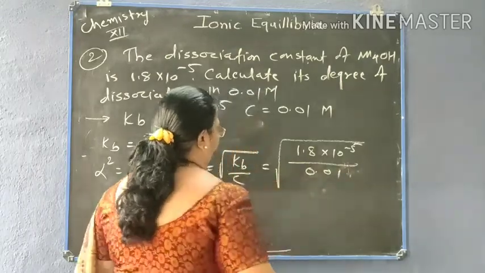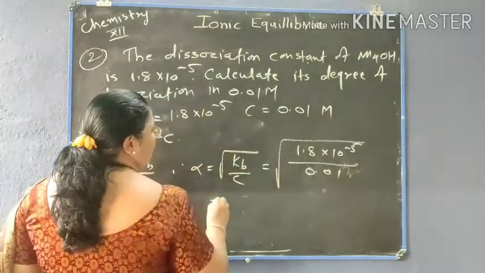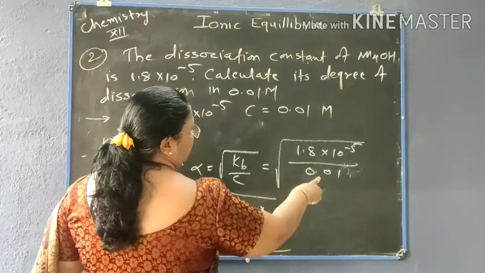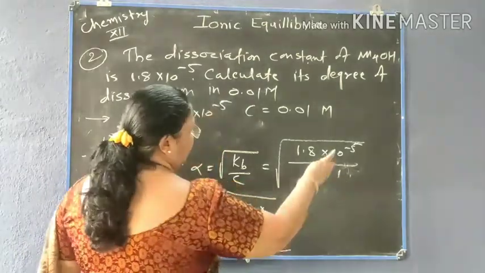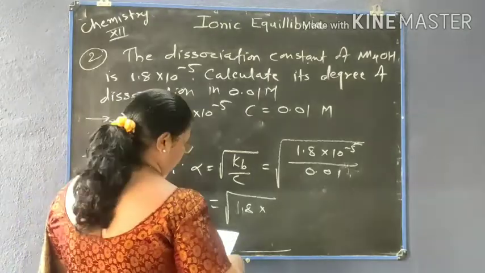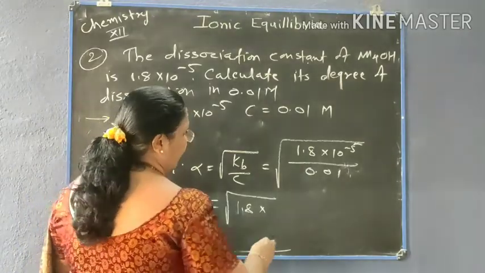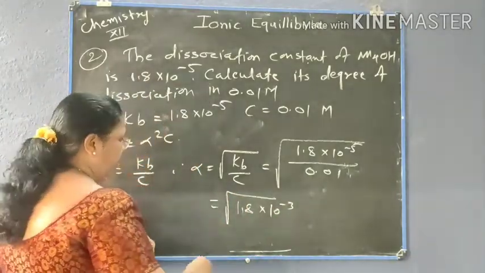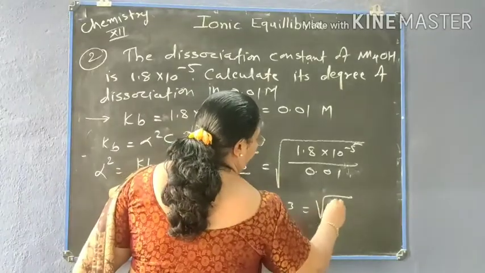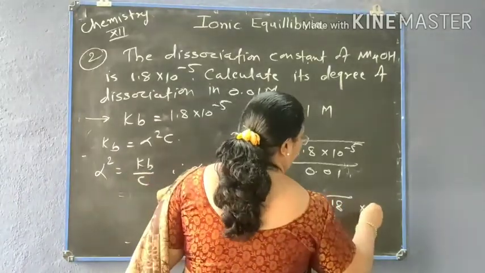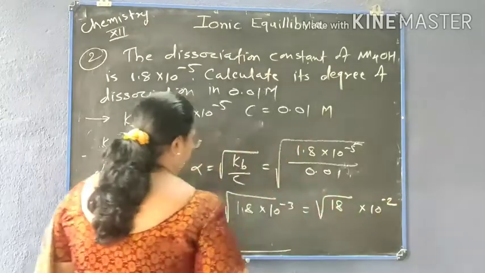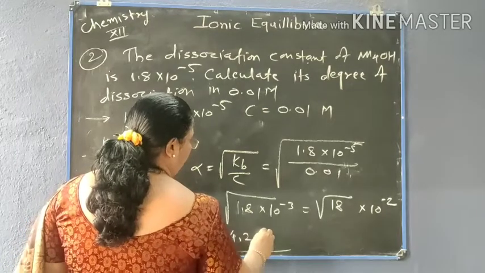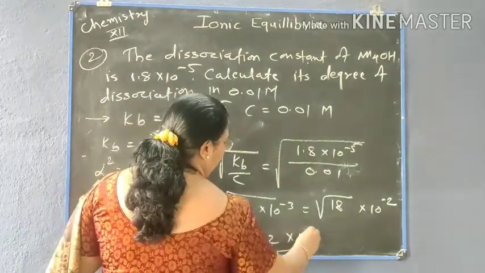So alpha is the square root of 1.8 into 10 raised to minus 3, which can be written as the square root of 18 into 10 raised to minus 4. The square root of 18 is 4.242, so alpha is 4.242 into 10 raised to minus 2.